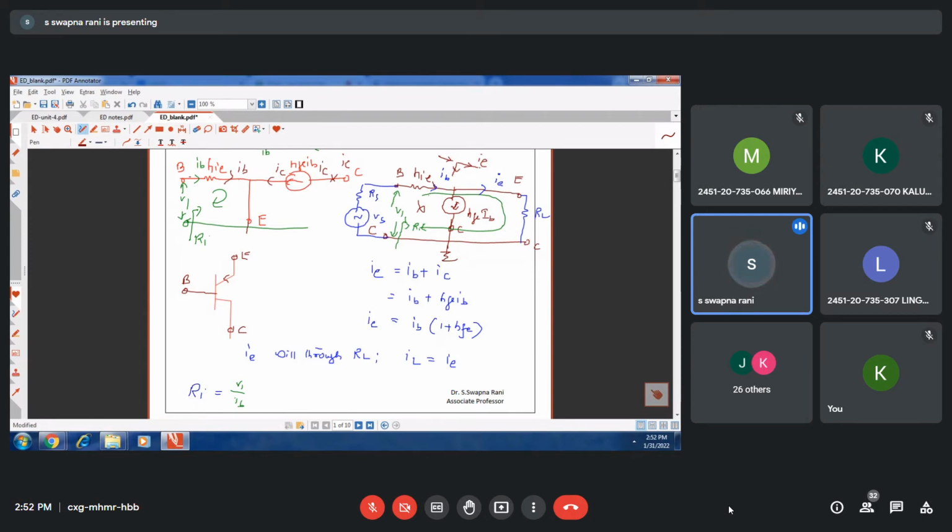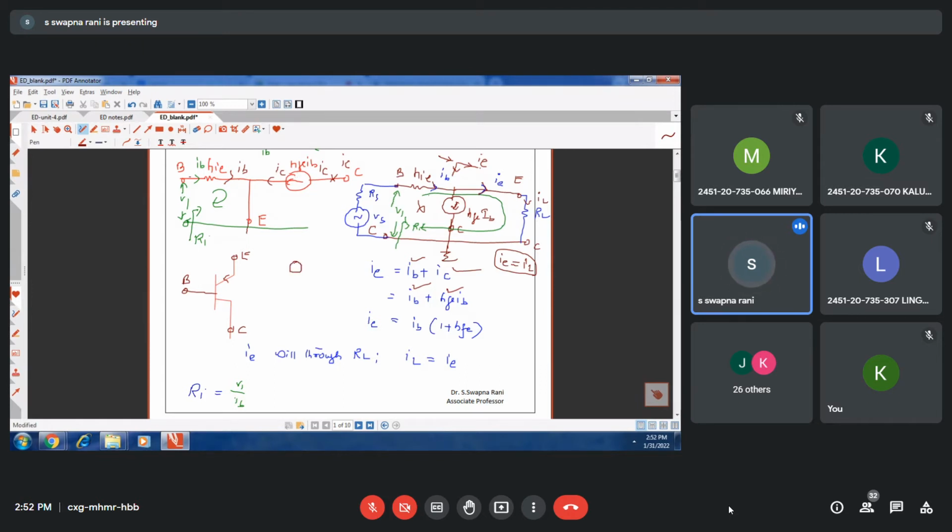So this is the direction of the emitter current, first point, and the same emitter current will flow through the load resistor. So IE is equal to IL, both are one and the same. Emitter current is the sum of the base current plus collector current. Base current is IB. What is the collector current? Collector current is HFE into IB.